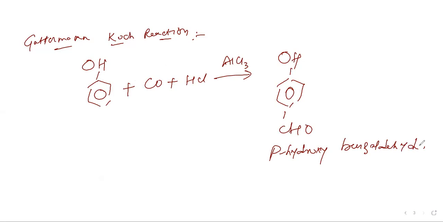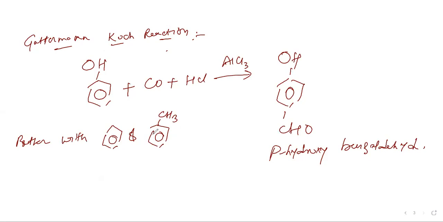the Gattermann-Koch reaction works better with benzene and alkylated benzenes, right? Suppose you have CH3 here. With these sort of compounds, the yield is better in the case of the Gattermann-Koch reaction.